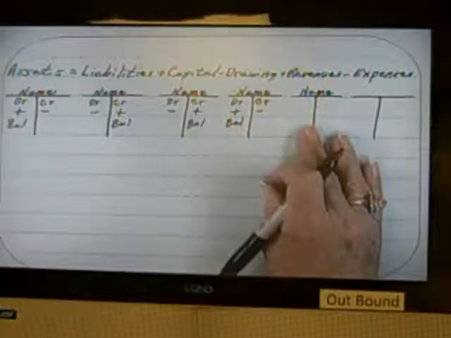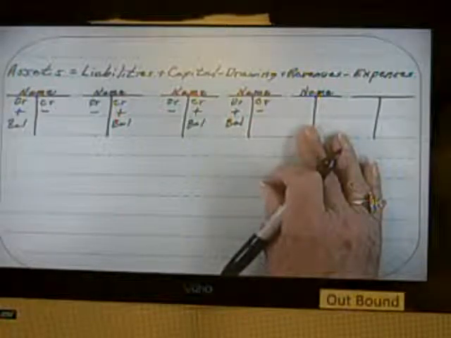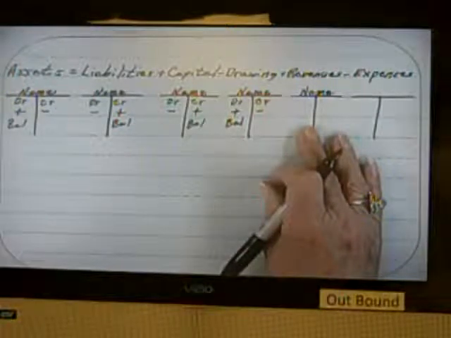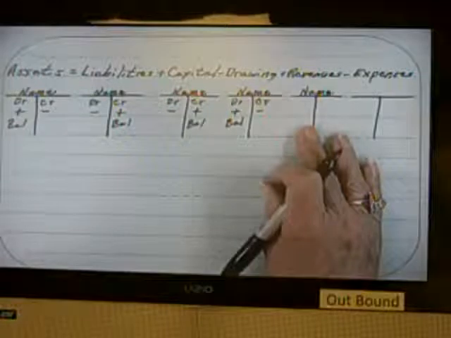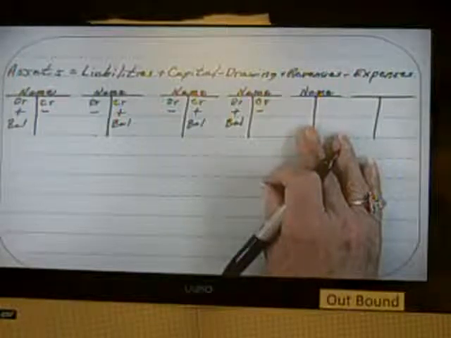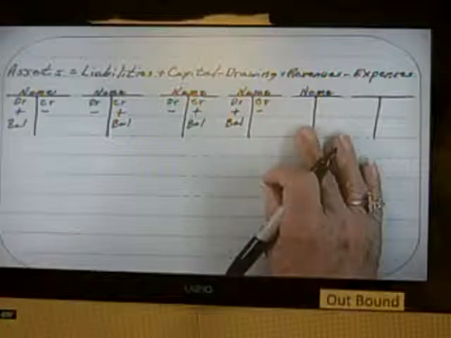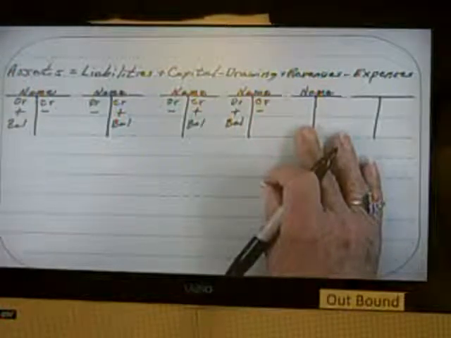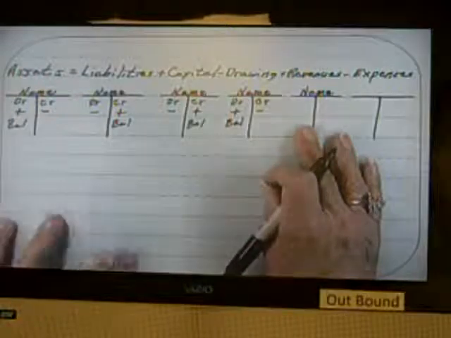If you sell a product, your revenue account will be called sales. If you earn a fee for an accounting service, for example, you might call it fees earned. If you're a consultant, you might call this consulting revenue. So name your revenue account something particular to your business.